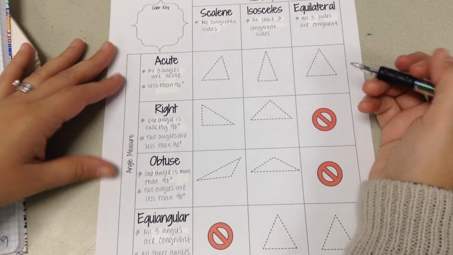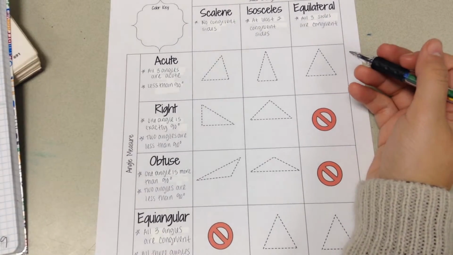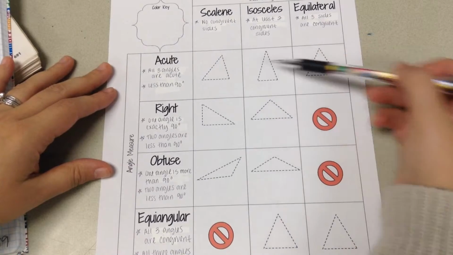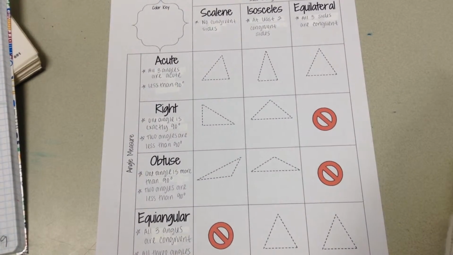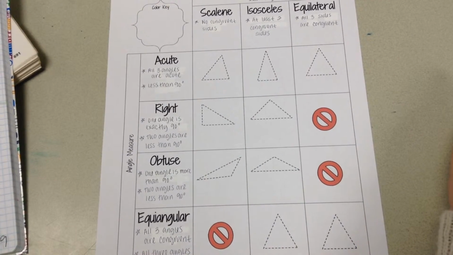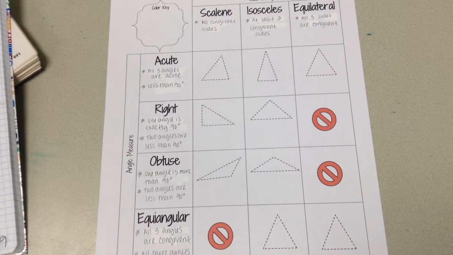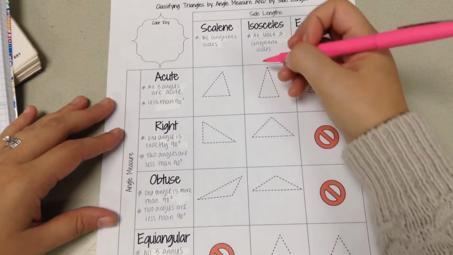So here, some of these are going to be congruent. When they are congruent, it's going to look something like this.